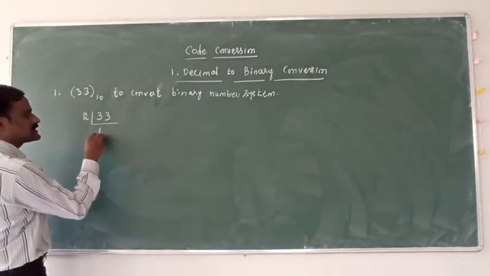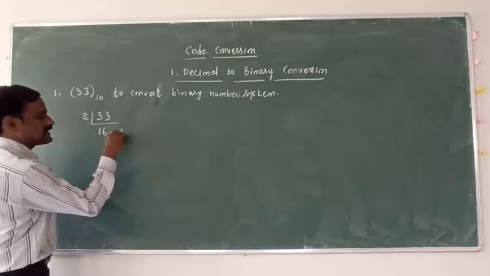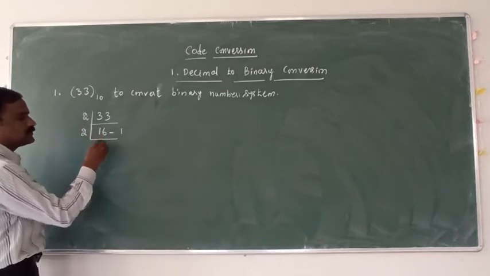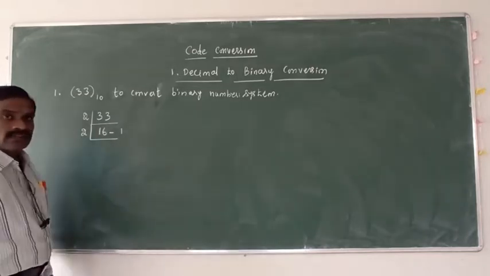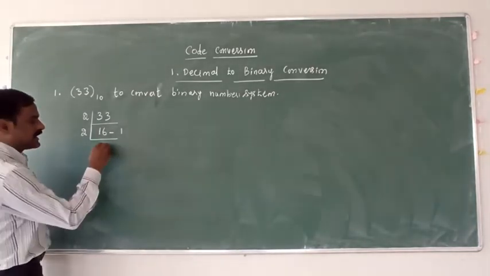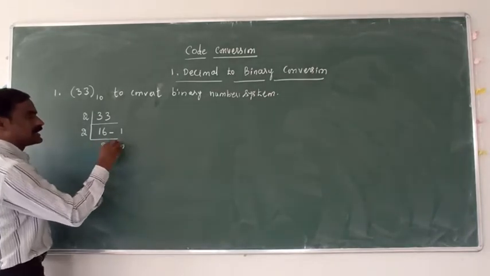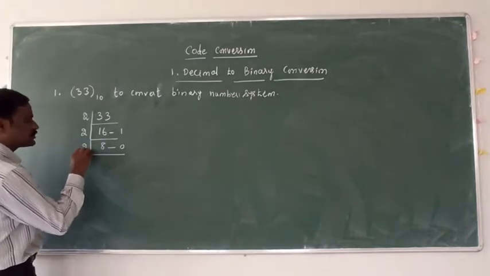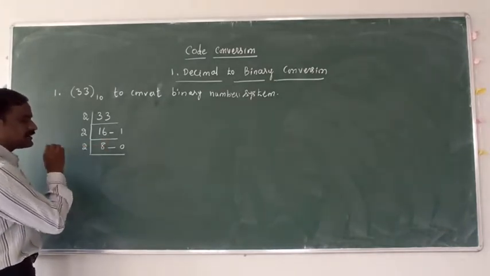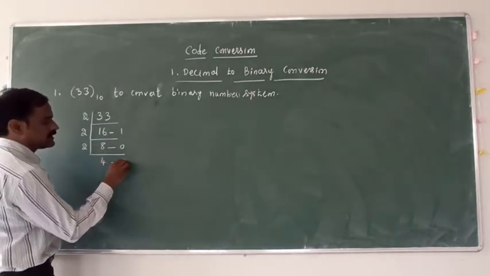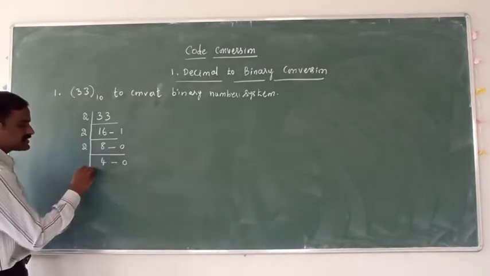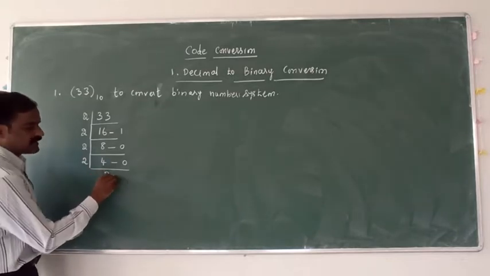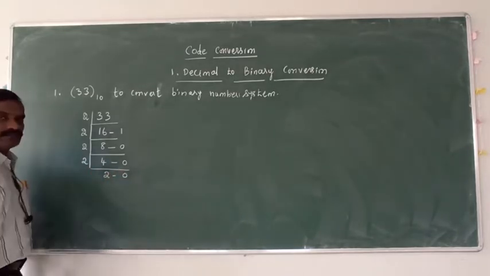33 divided by 2 is 16 times, remainder 1. Next, 16 divided by 2 is 8 times, remainder 0. Next, 8 divided by 2 is 4 times, remainder 0. Next, 4 divided by 2 is 2 times, remainder 0.